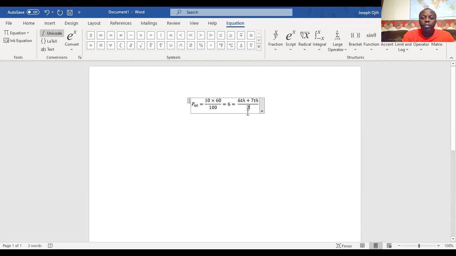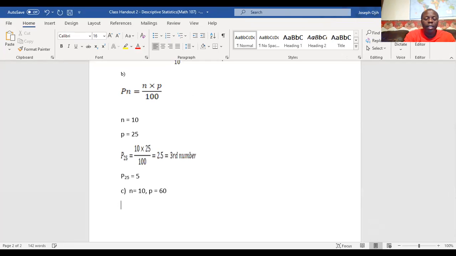So let me take it to the main workbook now, and then we can finish it here. The 6th number plus the 7th number divided by 2. You can see right here.